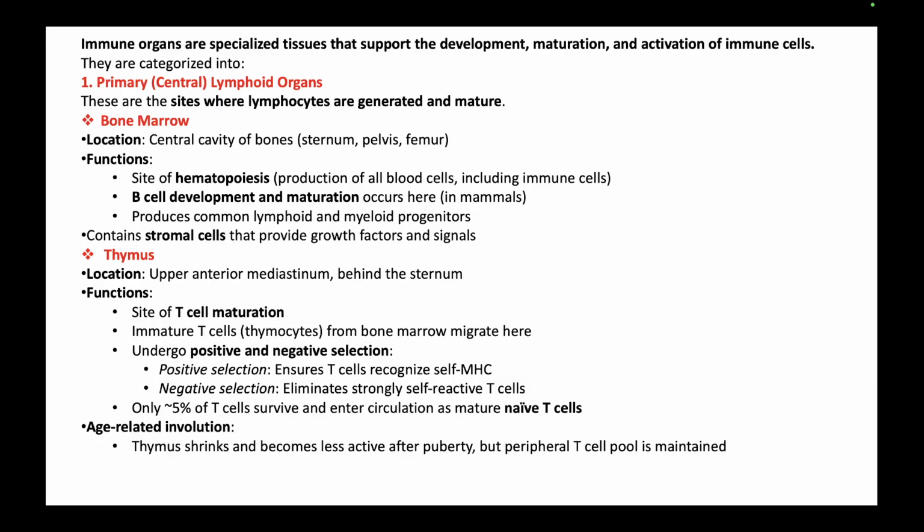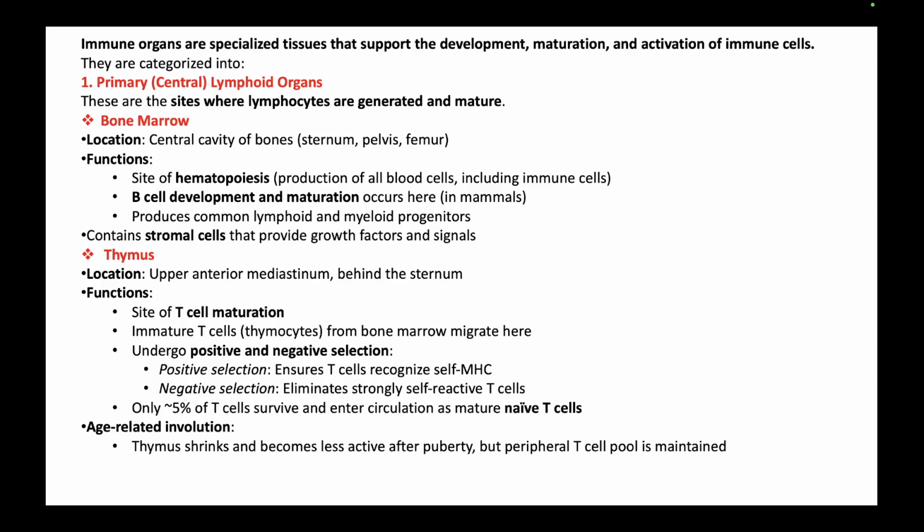So what are MHC molecules? They are the major histocompatibility complex, molecules present on the cell surface that help in presentation of the antigen. The MHC is present on the surface of antigen presenting cells; the antigen is processed by the antigen presenting cell and then goes to the MHC, and the MHC presents those antigens to the T lymphocytes.